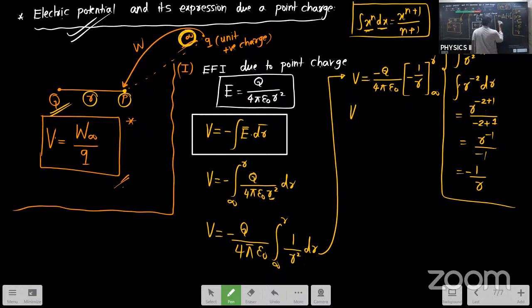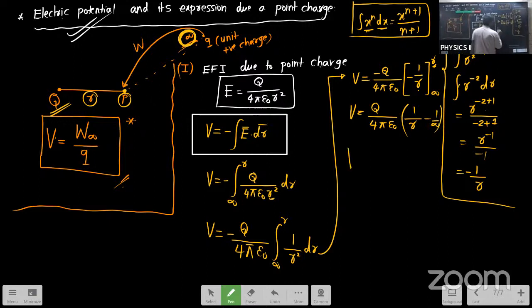Finally, this equation will become V is equal to Q by 4 pi epsilon naught, and minus into minus has become plus. So 1 by R minus, substituting the limits, minus 1 by infinity. 1 by infinity will become 0.